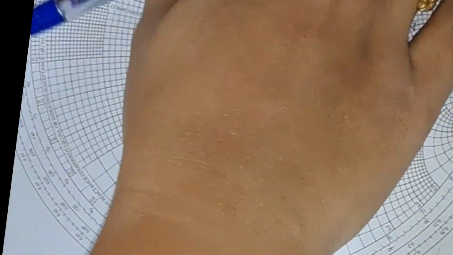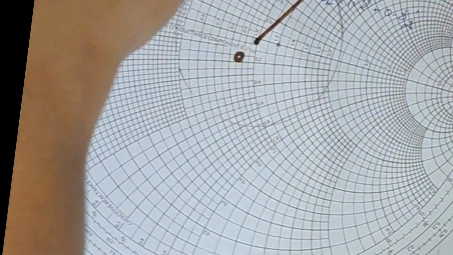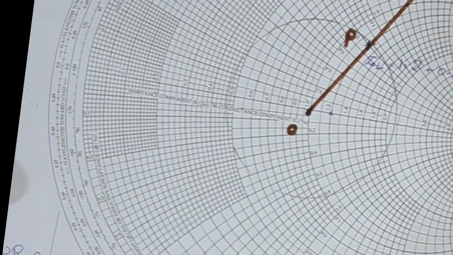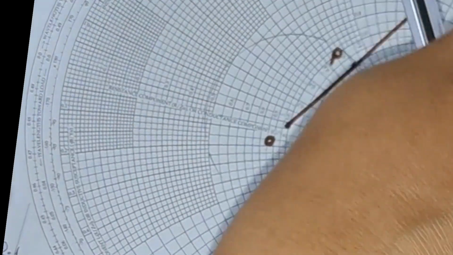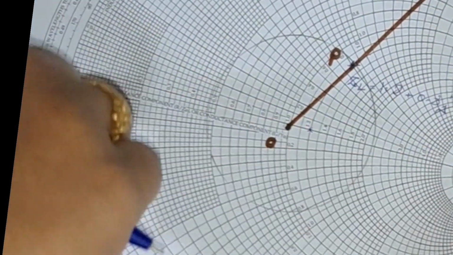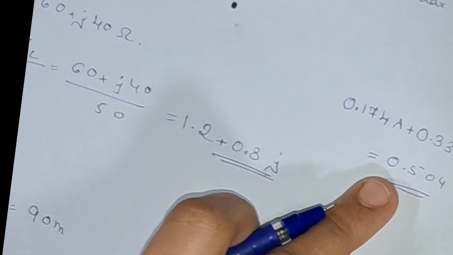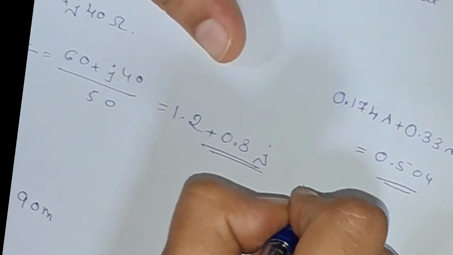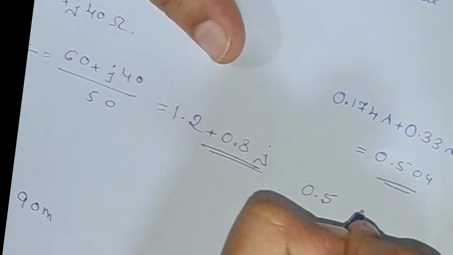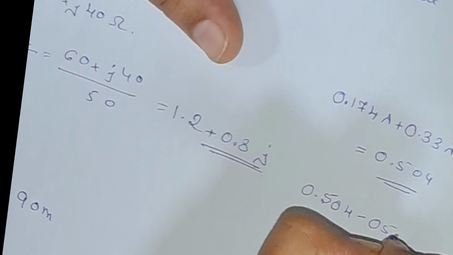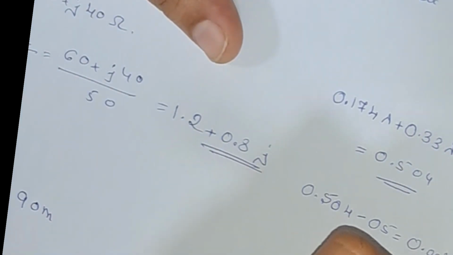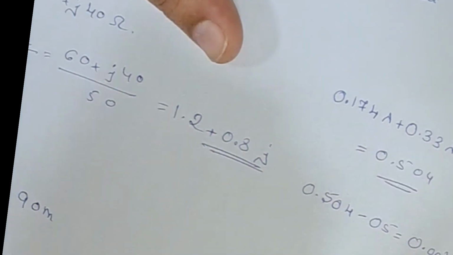But you should know the overall length of this whole Smith chart is exactly 0.5 lambda. From here to here, that will be 0.25, and from here to here, 0.25. But the value we have got is above 0.5. So we just subtract 0.5 from it, and we get 0.004 lambda.